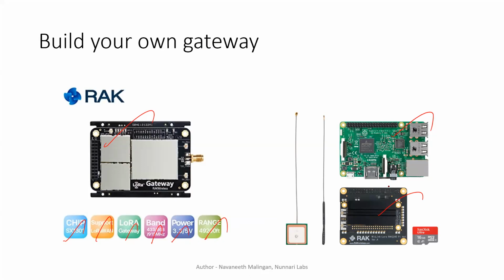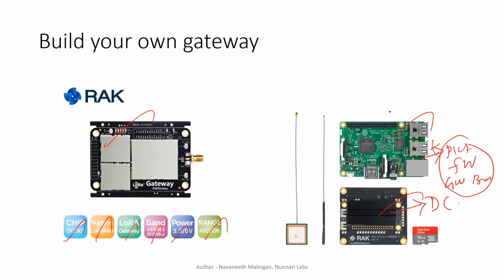In this case, this will be your data concentrator, and the packet forwarder and gateway bridge both will be installed in the Raspberry Pi. Just note down these things: data concentrator, packet forwarder, and gateway bridge. The packet forwarder and gateway bridge sit on the Raspberry Pi itself.